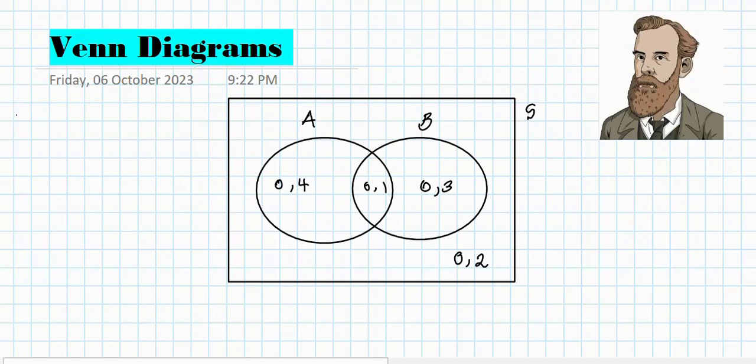I might ask you to give me certain events, and there are specific ways in which I can notate them, and you are supposed to give me the probability of those events. Like for instance, let's start with this one: the probability of A and B. Remember, this is an intersection.